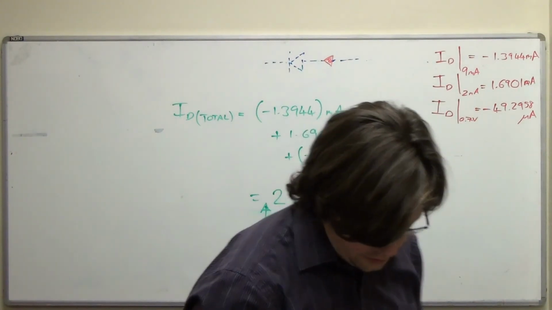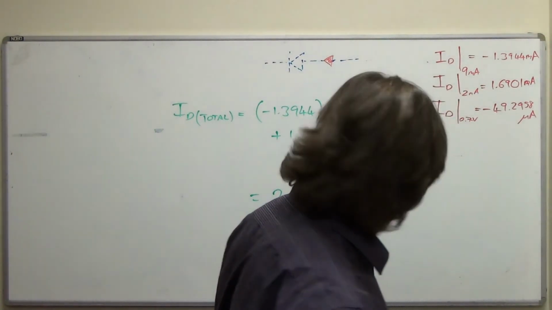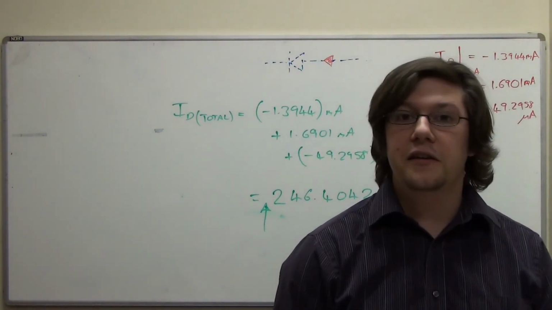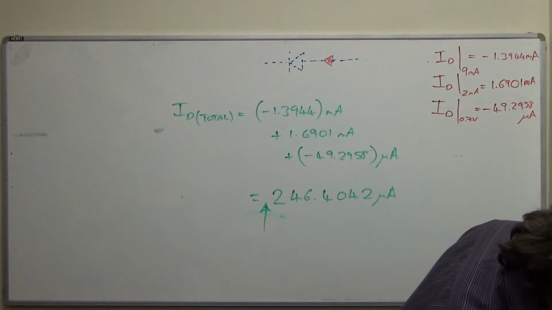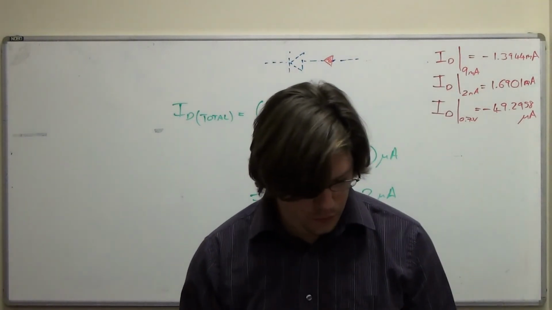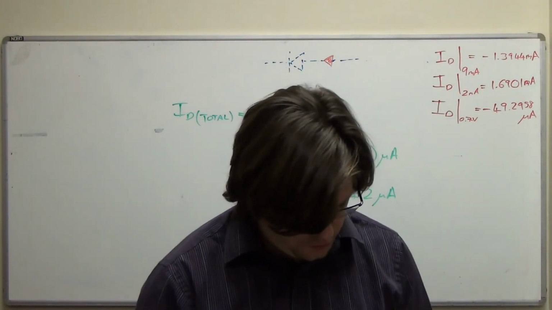So is that the right answer? Yes, it is actually. It's lucky, isn't it? The answer on the sheet is 3.5 volts over 14.2 kiloohms. Yields 246 microamps.